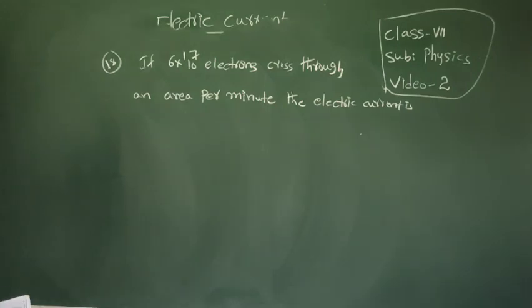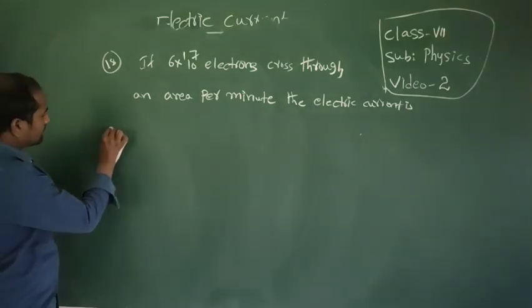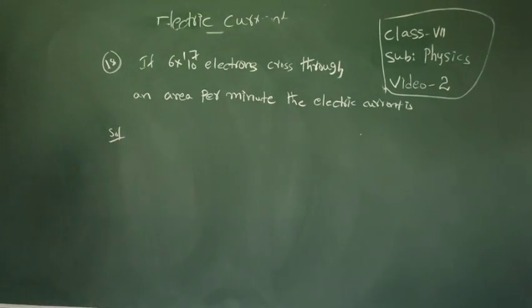So what are the given values? The number of electrons is given: 6 into 10 power 17. Time equal to 60 seconds.